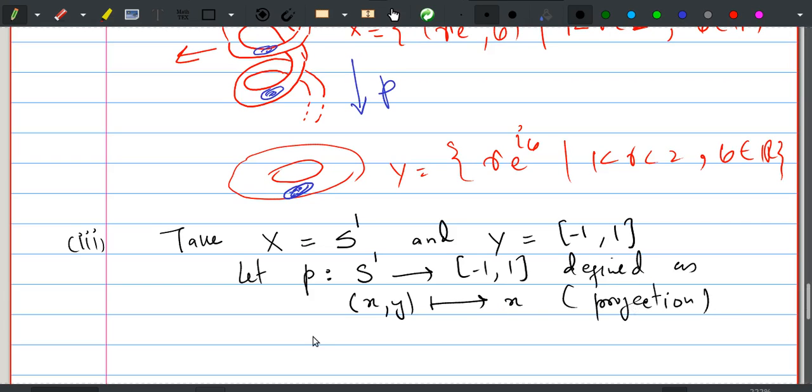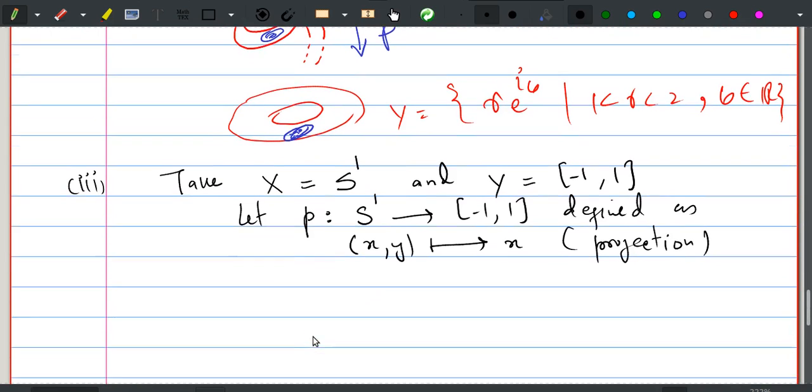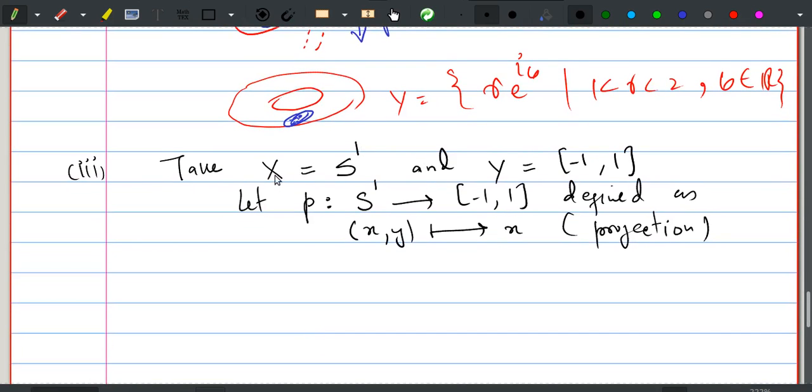So clearly P is not a covering space. Clearly P is not a covering, since X is not a covering space of Y. Let us show why.